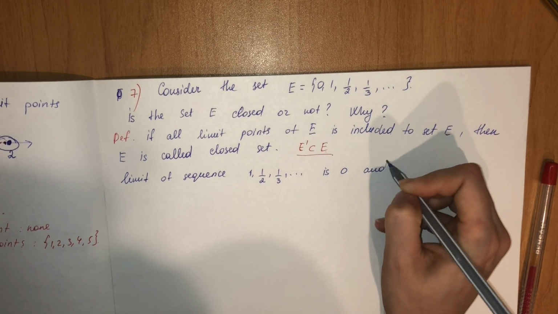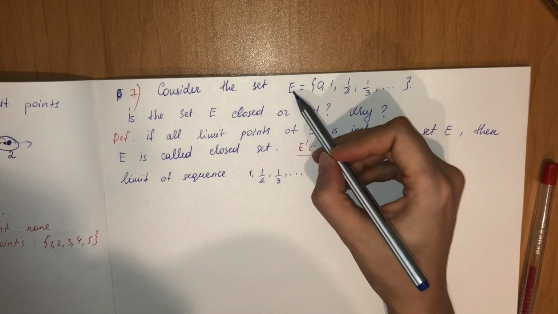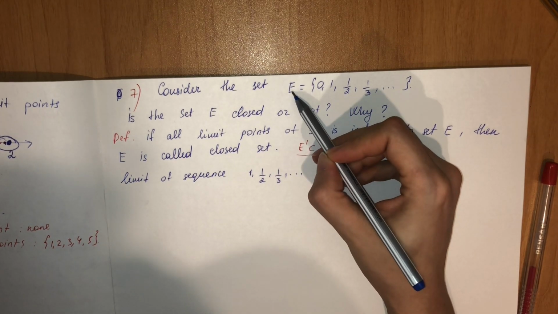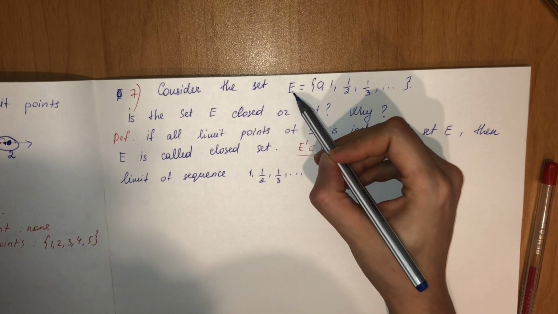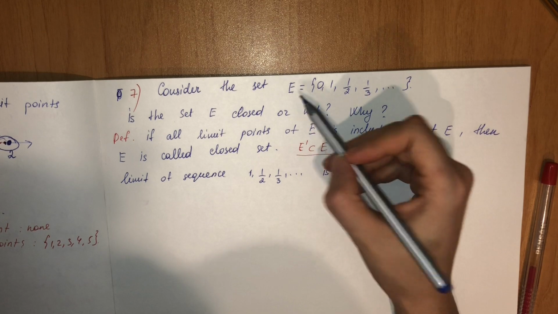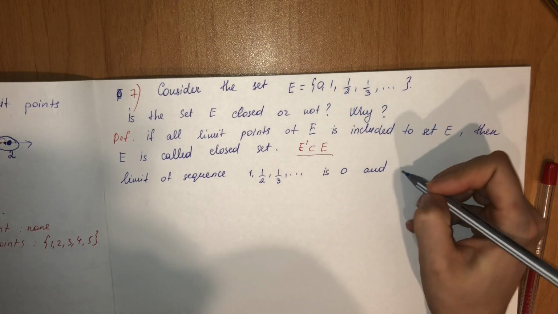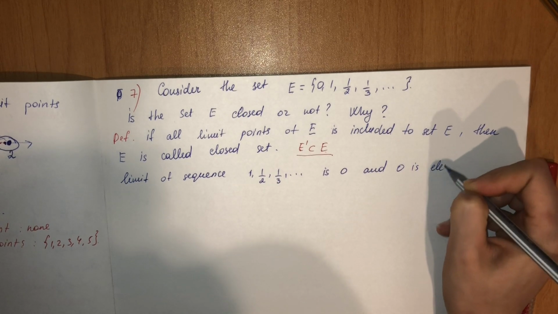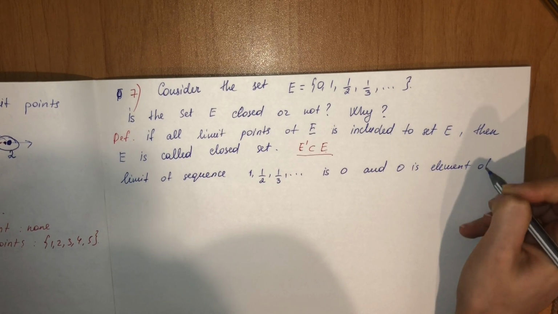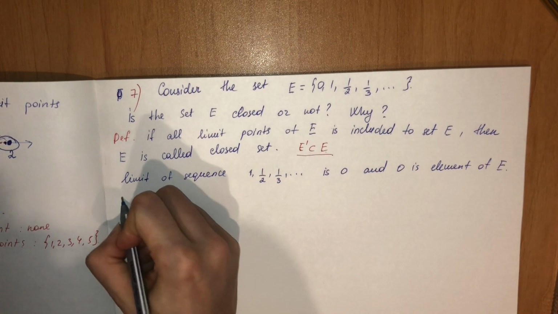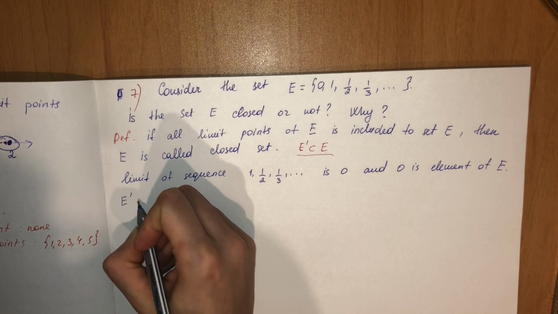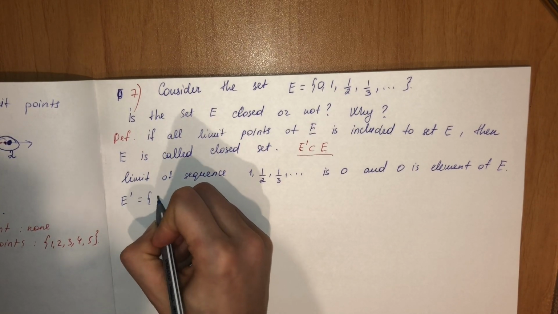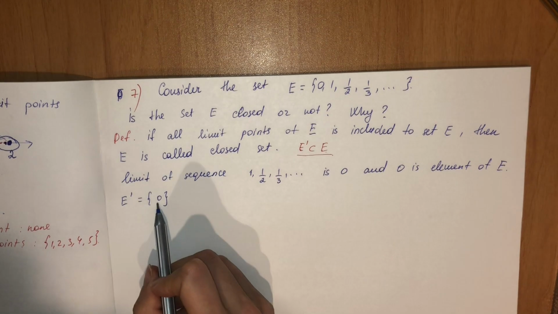And 0 is included in this set. 0 is an element of E. So E prime is equal to just 0.